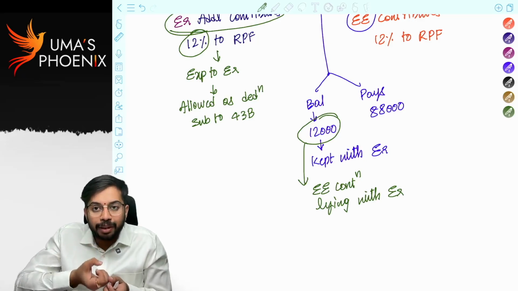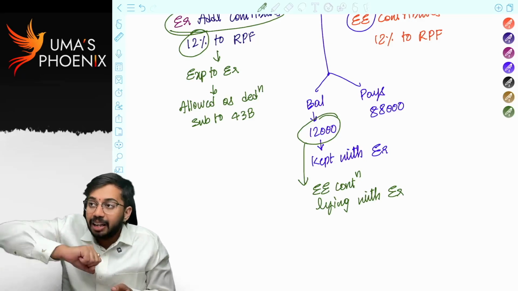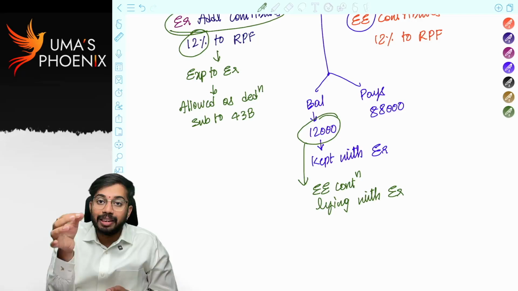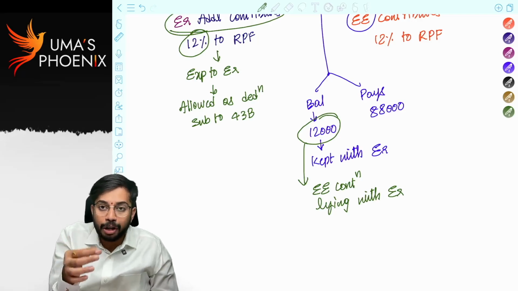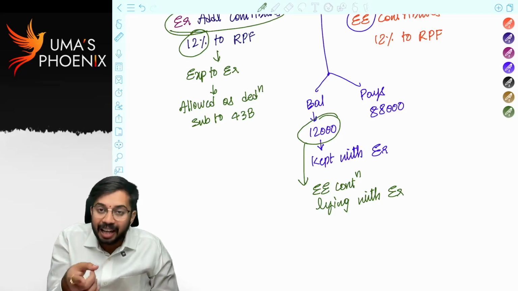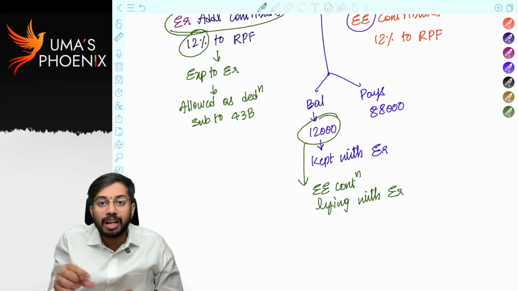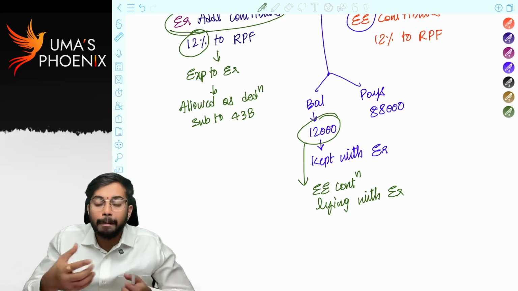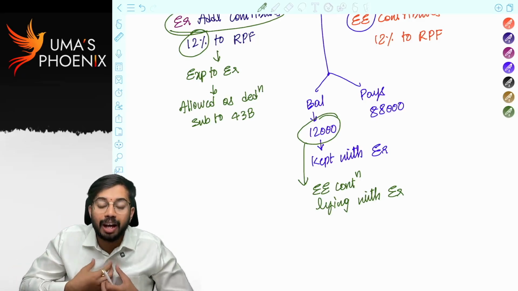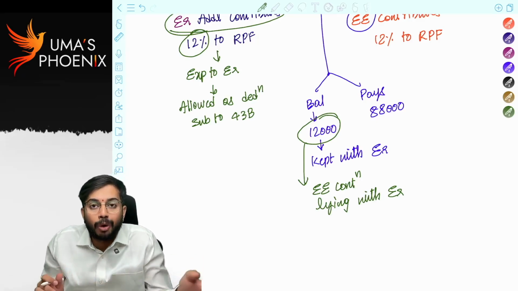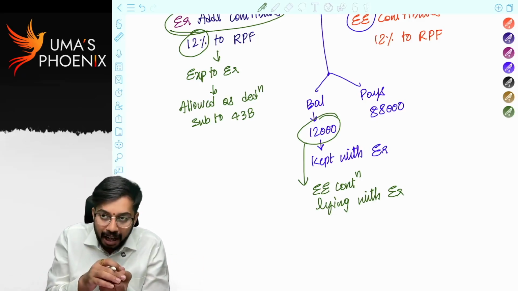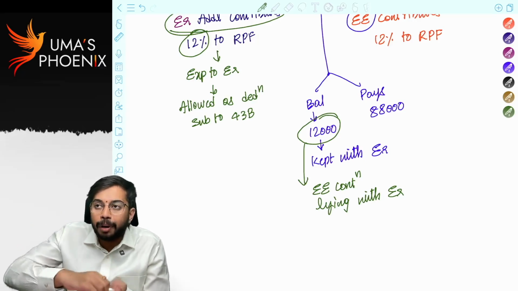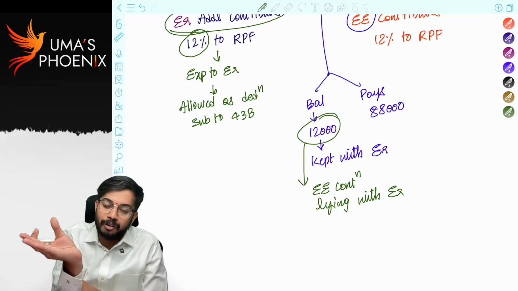employee contribution 12,000 rupees that is retained by employer, that employer has to deposit to the recognized Provident Fund account. That means whatever the employee contribution 12,000 rupees is there, that lies with the employer. But who is the owner of employee contribution? Owner of employee contribution is employee, but employer as a custodian, as an agent, is holding 12,000 rupees of employee money, and whenever recognized Provident Fund due date comes, employer will pay employee obligation to recognized Provident Fund account.